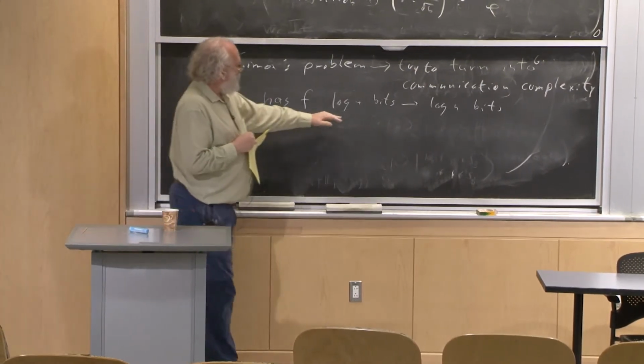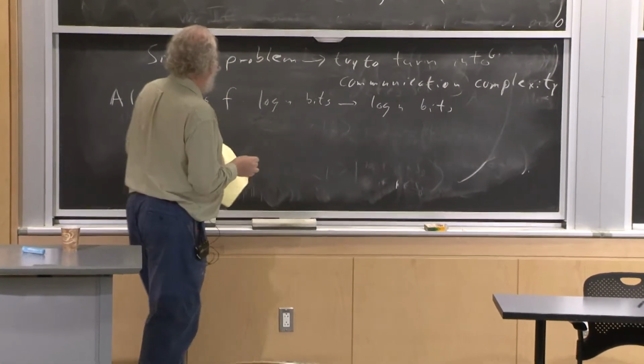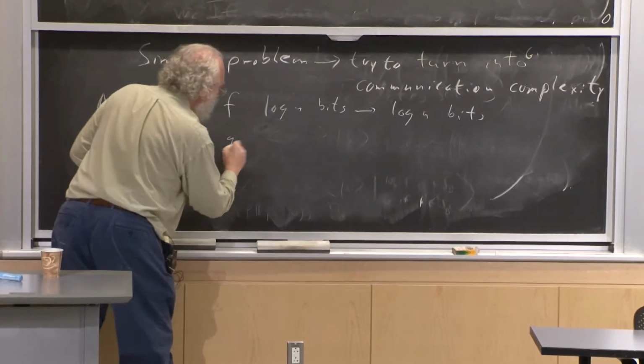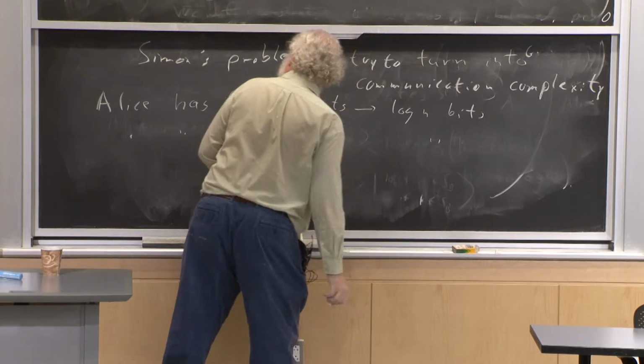So Alice has F mapping log n bits into log n bits, and Bob has G mapping log n bits into log n bits.